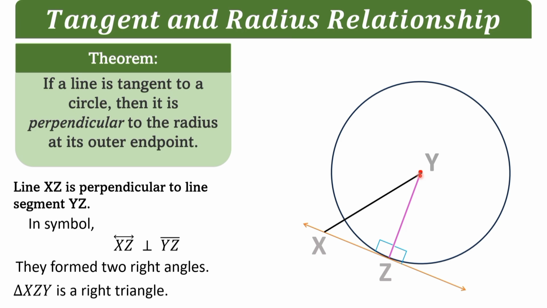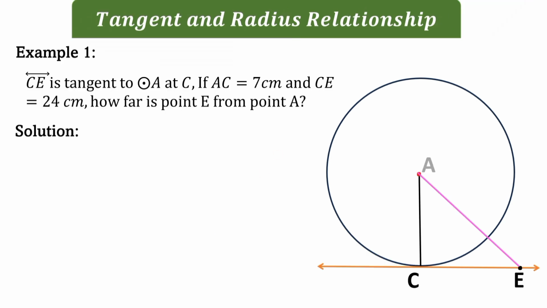Let's have examples. Example 1, from the figure at the right, line CE is tangent to circle A at point C. If the length of AC is equal to 7 centimeters and the length of CE is equal to 24 centimeters, how far is point E from point A?